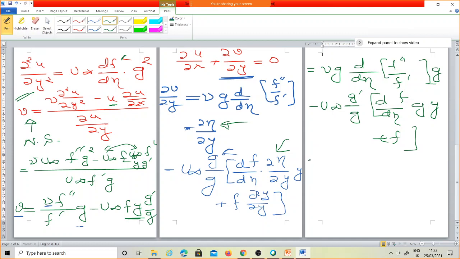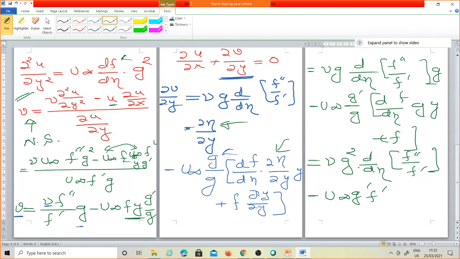So again, just make it concise, but you will have mu g square d eta, we have f double prime by f prime, okay, and minus u infinity, g prime by g will be cut down, and then we have f prime, because del f by del eta is f prime.